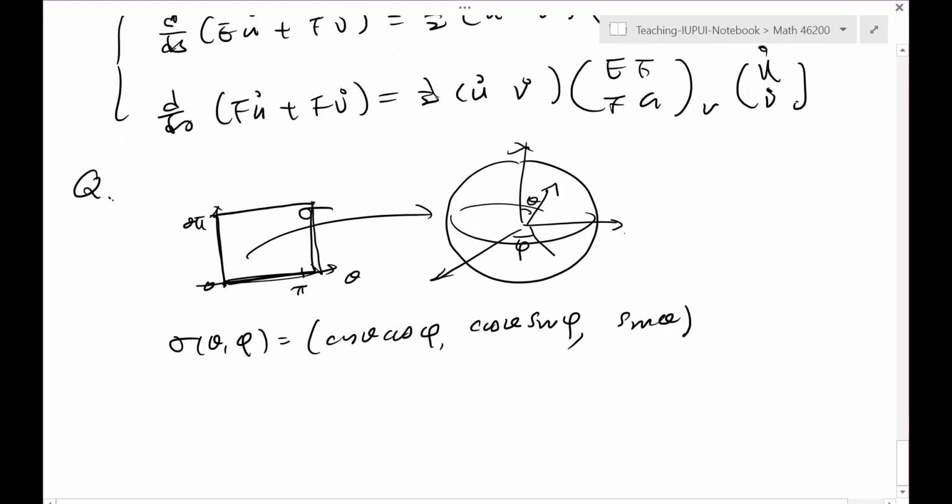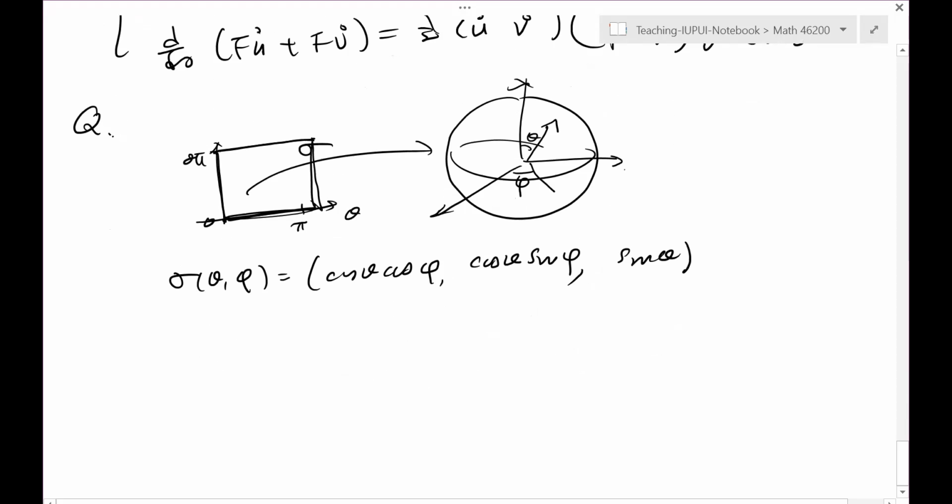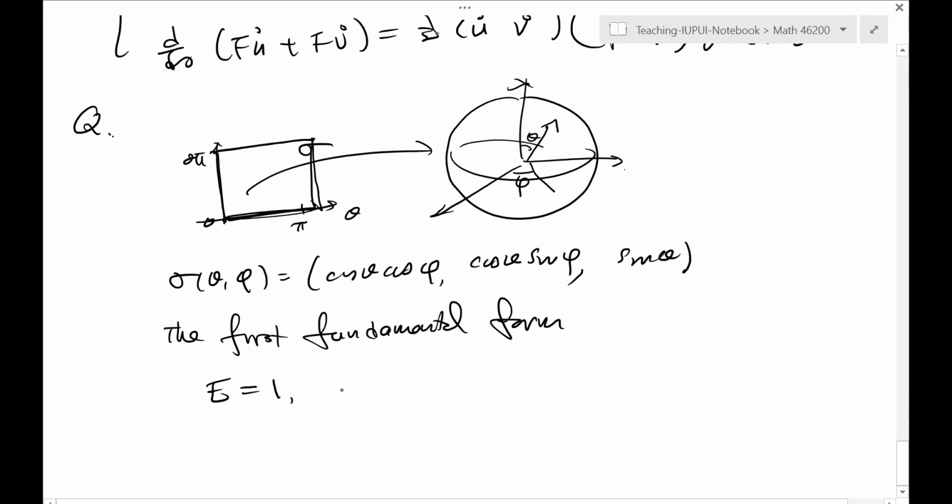All right, so that's a sphere, and we know the first fundamental form is determined by the coefficients: E equals 1, F is 0, G is cosine square theta.